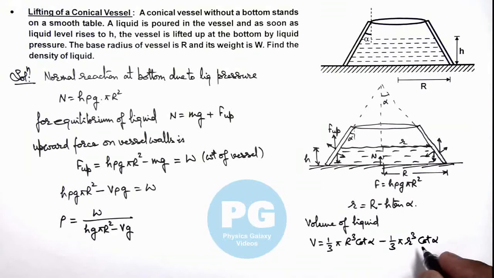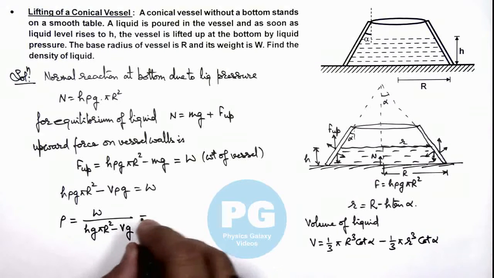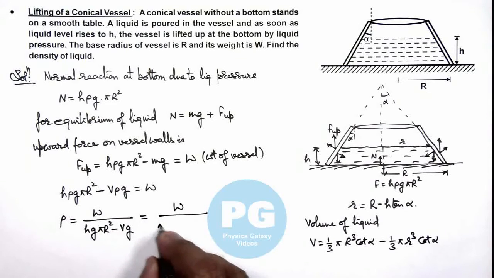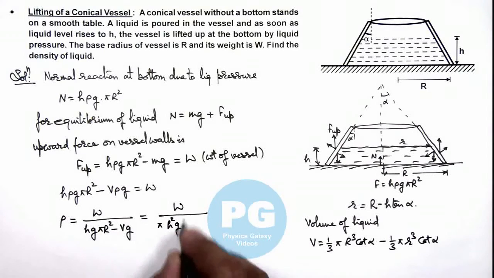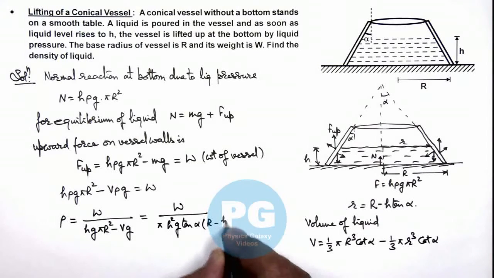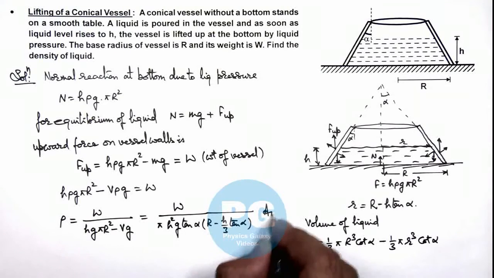And if we substitute the value of small r and the value of V over here, this will give us the final result as W divided by pi H square g tan alpha multiplied by R minus H by 3 tan alpha, which is the result of this problem.